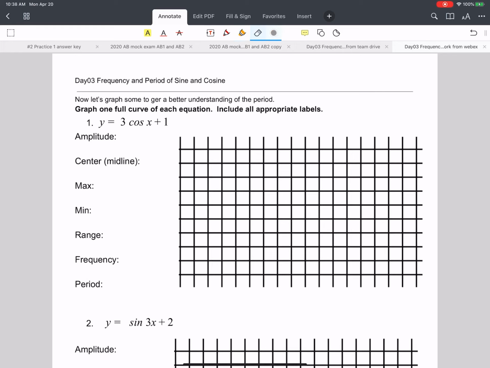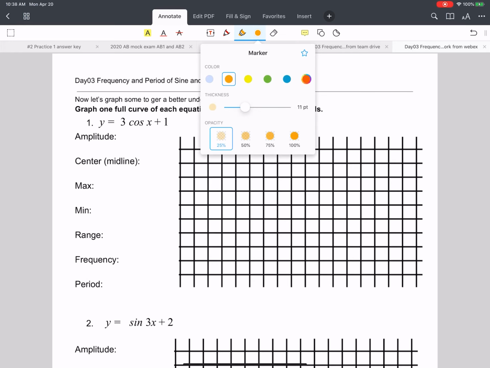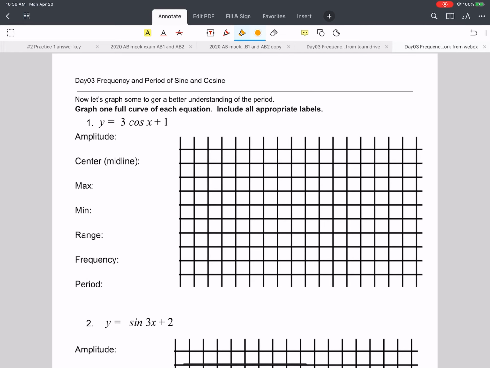I'm gonna put the axes in soon, but before I do that, what's the amplitude? 3. What's the center? 1. What's the max? That's the center plus the amp. The min, that's the center, minus the amp, so that's -2.